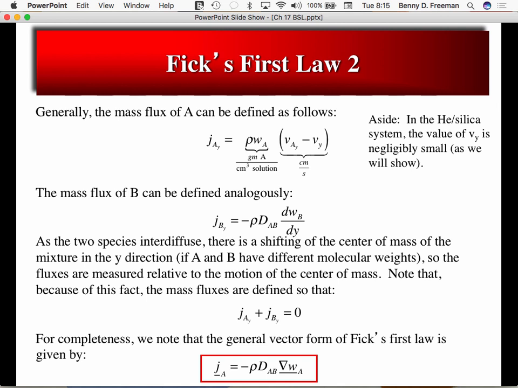The diffusion coefficient of the dye is going to govern how rapidly the dye is moving relative to the water. It's not going to be the absolute motion of the dye, because it's being dragged along by whatever the convective forces are that are pushing the water through the pipe. And so the diffusion phenomena is that portion of the mass transfer that's above and beyond the motion of the system as a whole. And so that's why we always write the diffusive flux relative to a reference velocity.